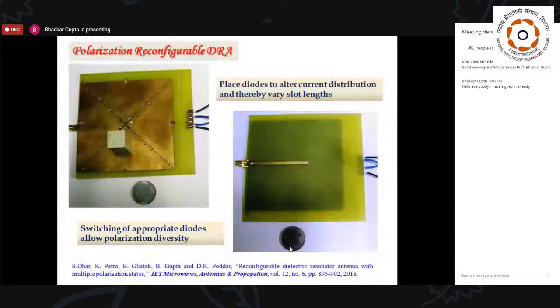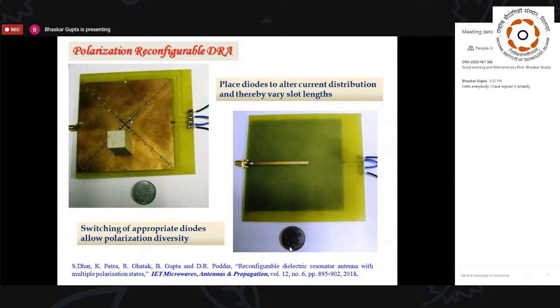You can see the cross slot over which the DRA would be placed. Now, in this slot, the two arms are really not of equal length. One can be made shorter than the other by switching on a diode.